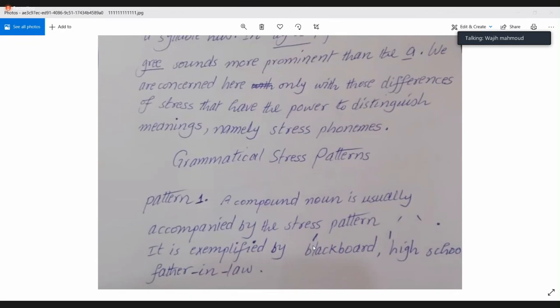Dog fight has nothing to do with dogs, by the way. Fight, fierce fight. So place stress then on the first element if the structure is a compound. Okay, that's number one.